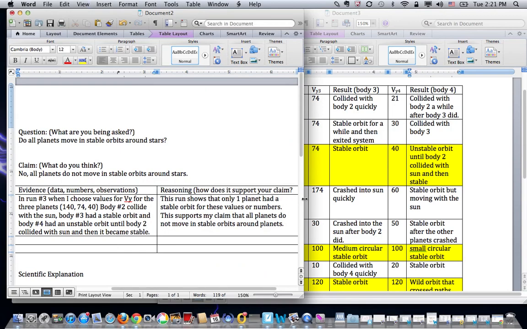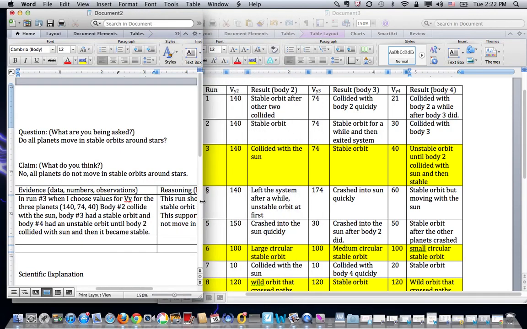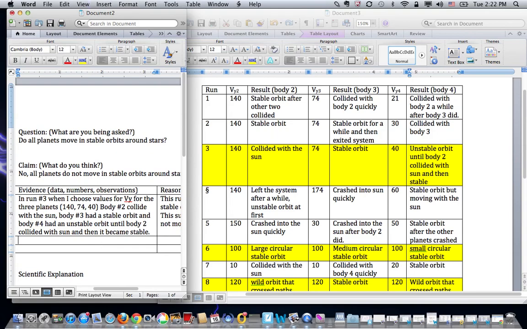So right here in run number 6, and I'll show you another way that you can write the same information.